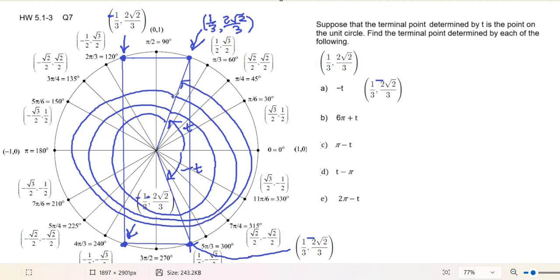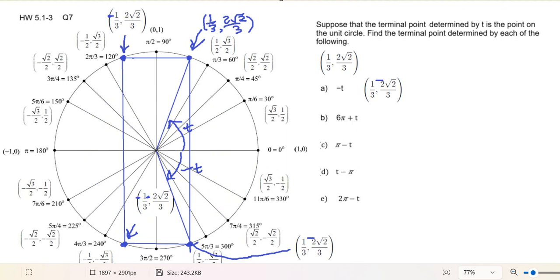And that's going to end us at that same angle, t. At least they're coterminal. They end at the same place. So it's just that point we started with, 1/3 and 2 root 2 over 3. So this one is the same as the starting point. And that'll work for any even multiple of pi.